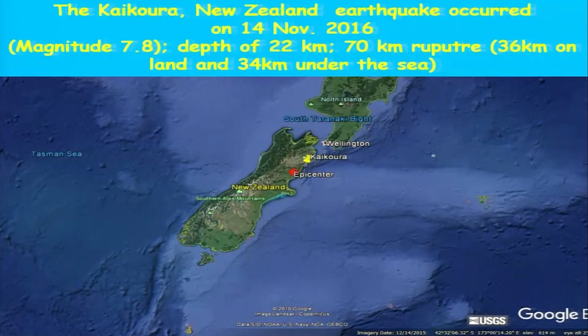And a similar event was experienced recently in Palu, that is Indonesia, which also resulted into strong ground shaking as well as tsunami.